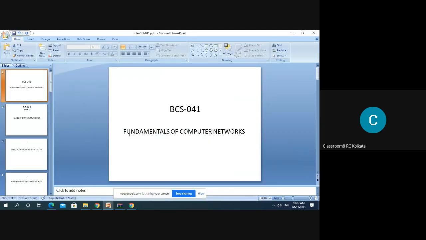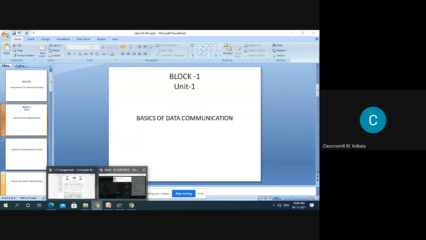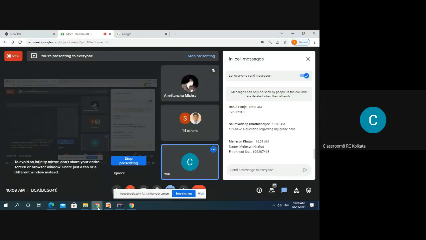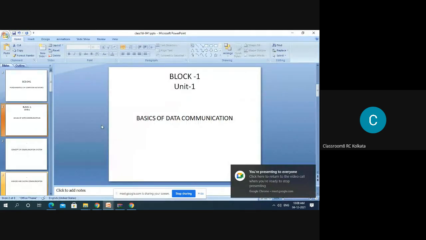So BCS 041, Fundamentals of Computer Network. Block 1, Basics of Data Communication. First I will start Unit 1, Basics of Data Communication.